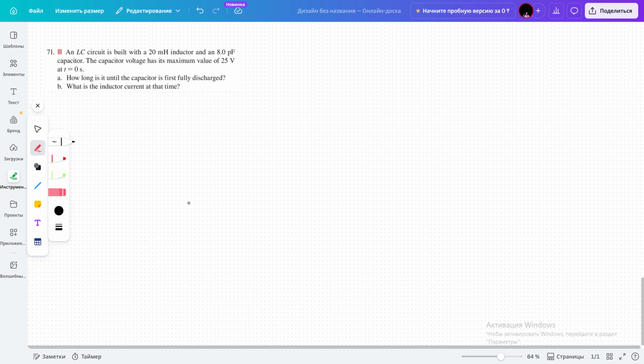So now for the challenging task, we have an LC circuit with very specific parameters. We need to find the time of the first discharge and the peak current using the model. So our circuit is an LC circuit. What do we have?